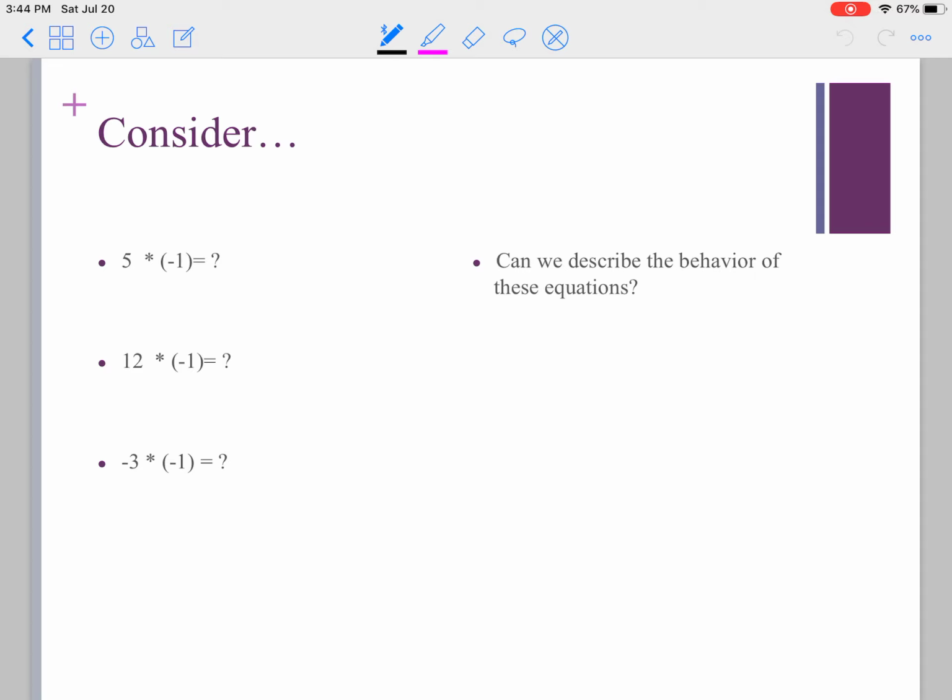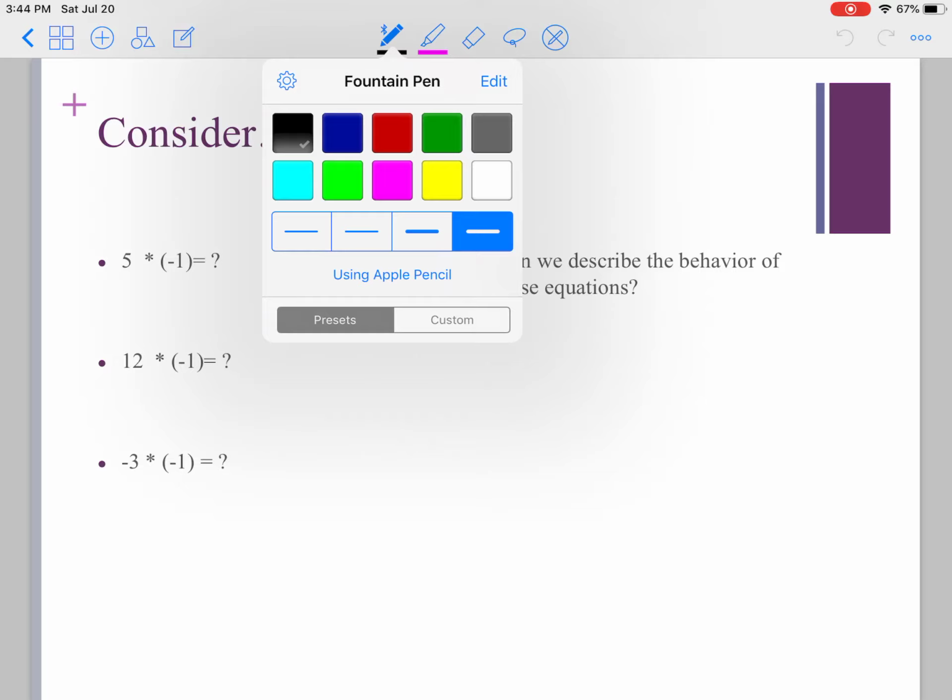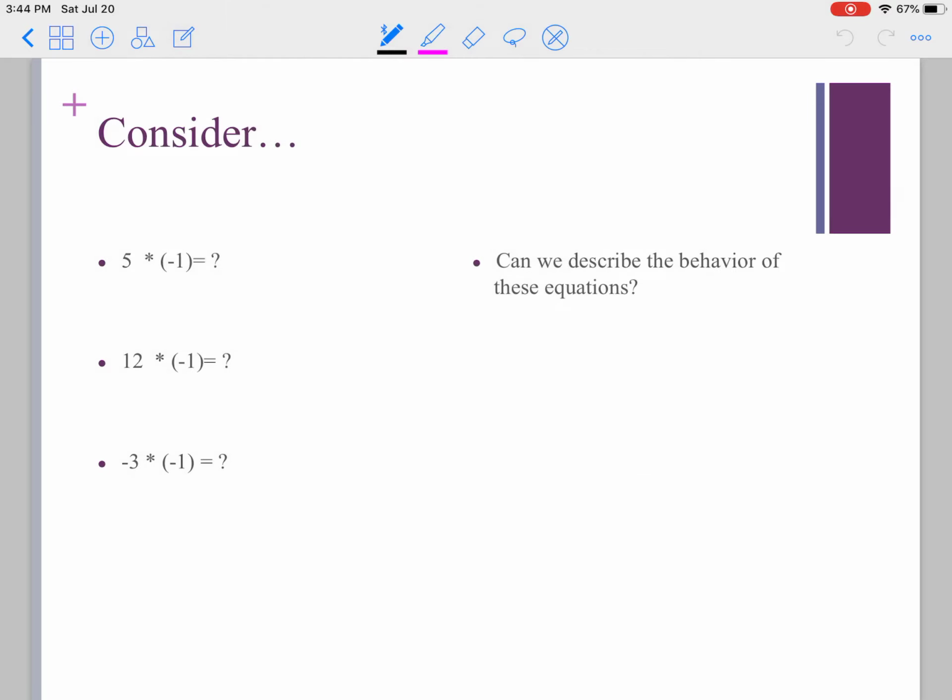Consider this. 5 times negative 1, 12 times negative 1, and negative 3 times negative 1. So let's find our answers. 5 times negative 1, negative 5. 12 times negative 1, negative 12.